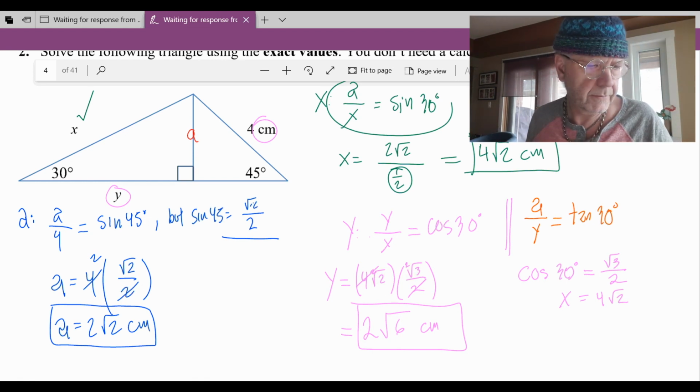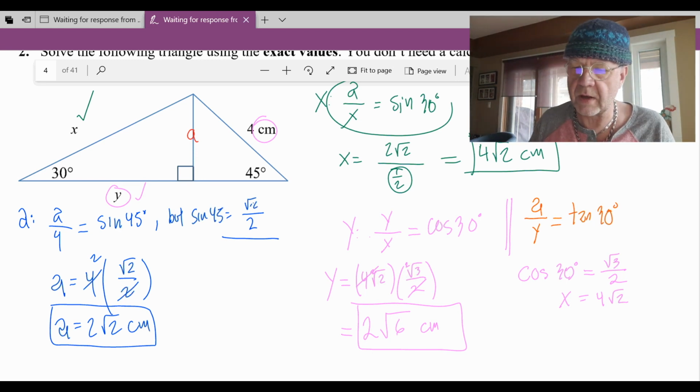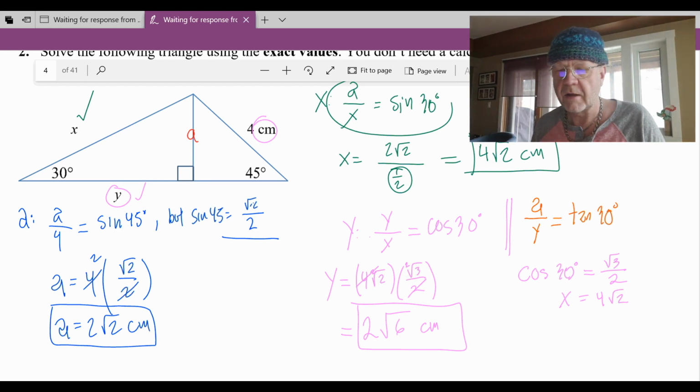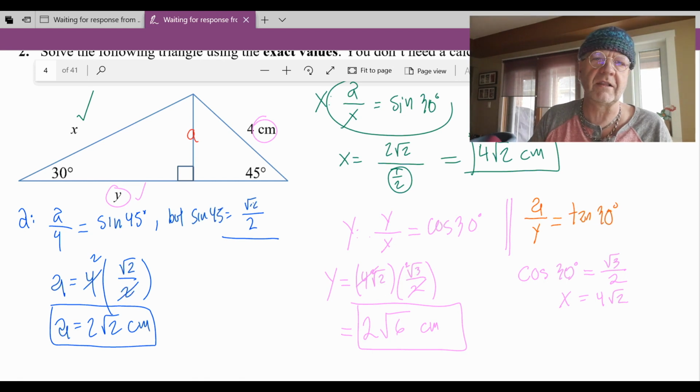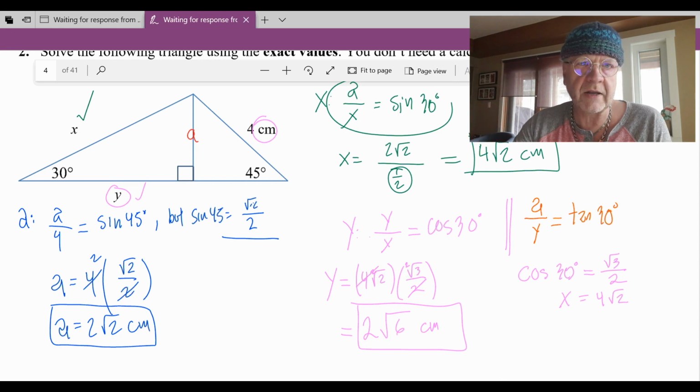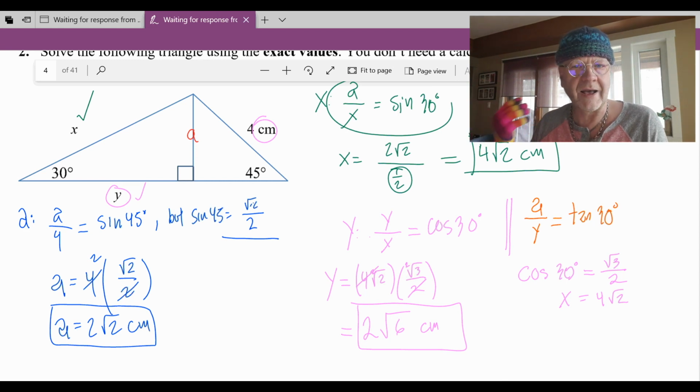All right. And I believe we've done it. We have come up with 3 side lengths, all in exact values, not approximations. And the only difference between this and the work you did last year in trigonometry is that we now know how to deal with those funky radicals.